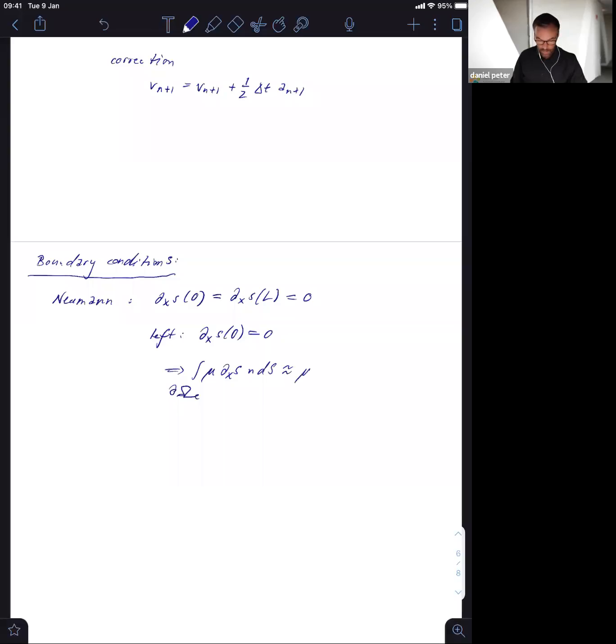It will become just mu at x_{A+1}, s at x_{A+1}, t minus now the Neumann boundary, which is 0. So this one we can just then write in this discretized way, with these two terms.